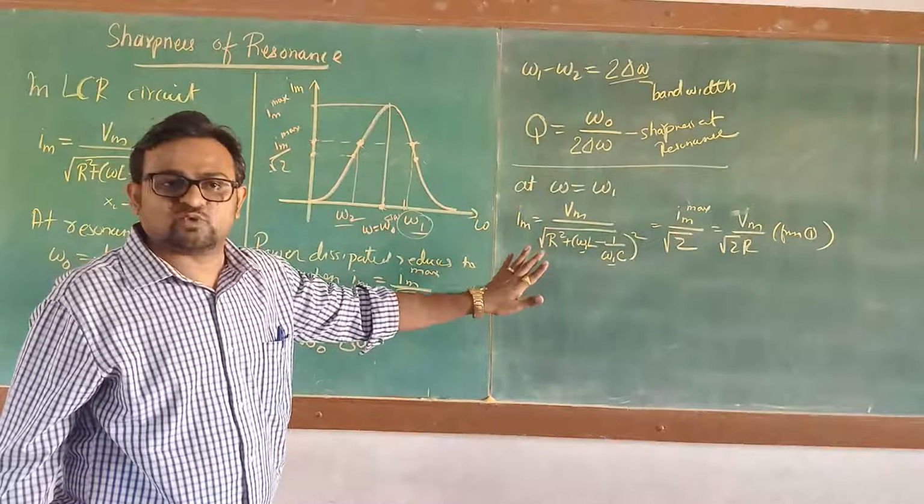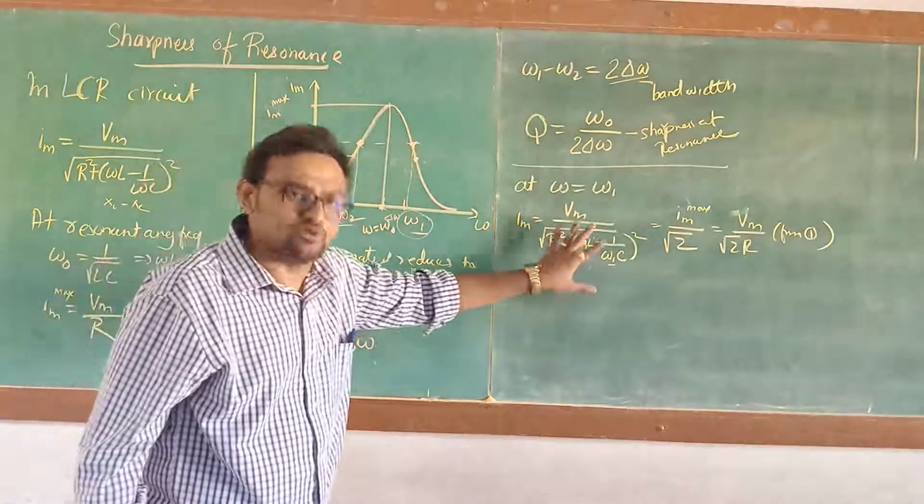Say at omega equal to omega 1, the formula for current will be equal to Vm upon under root of R square plus (omega L minus 1 by omega C) whole square.